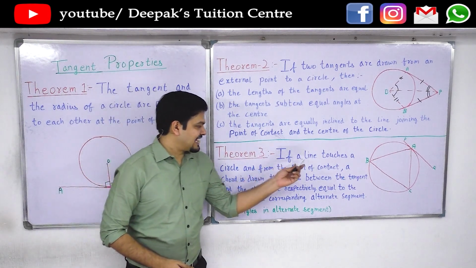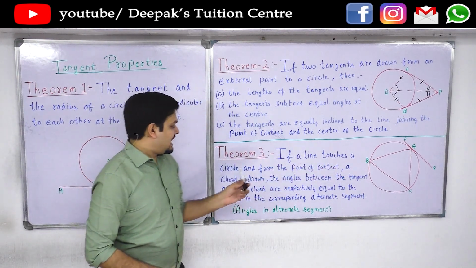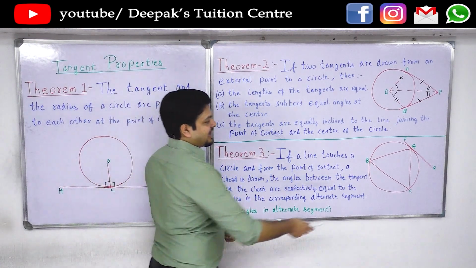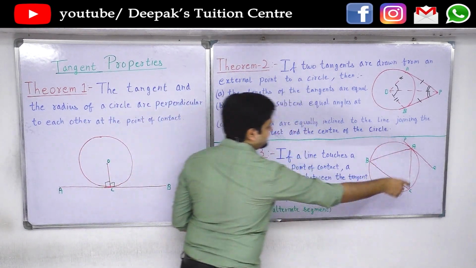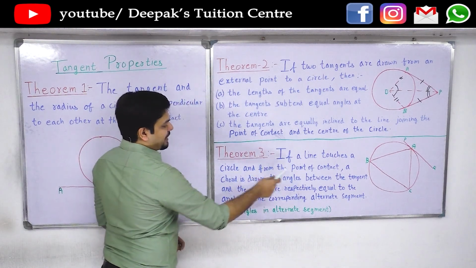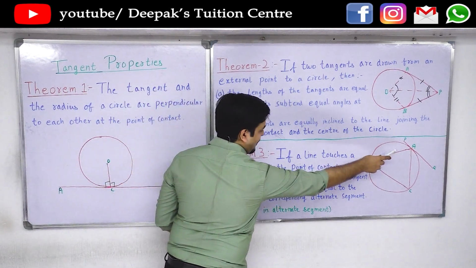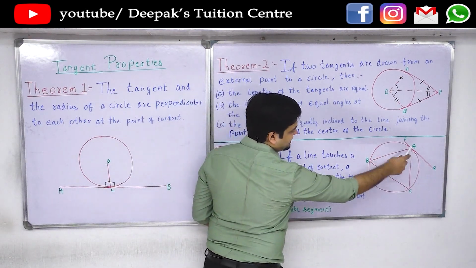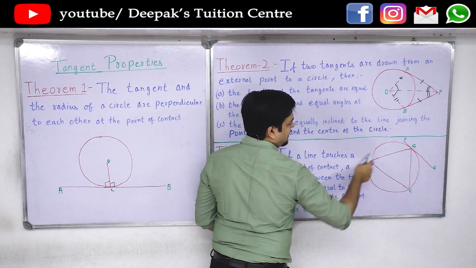The third theorem states: if a line touches a circle, so a line touching a circle is basically a tangent. Here we have taken PAQ as the tangent, and from the point of contact, A, a chord is drawn. Let us assume AB is the chord.